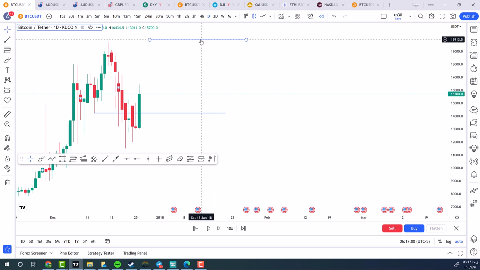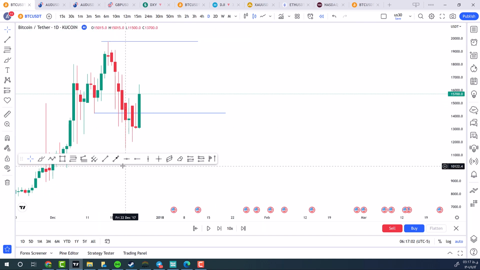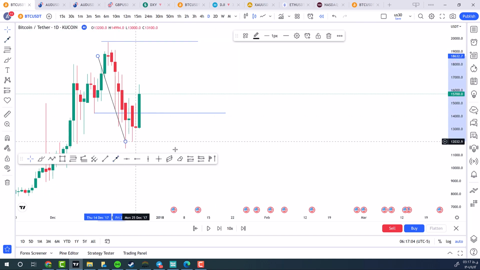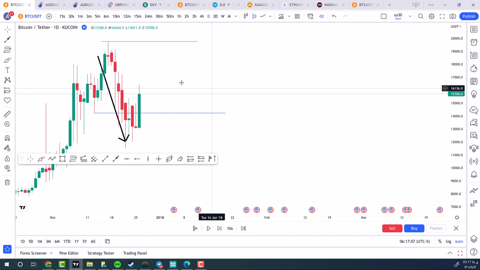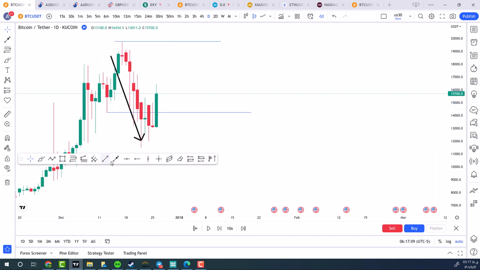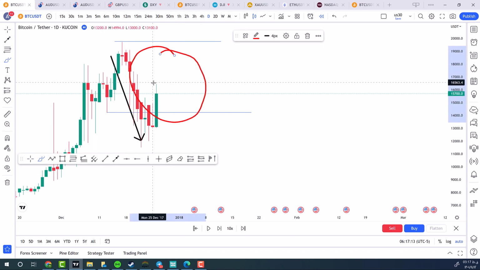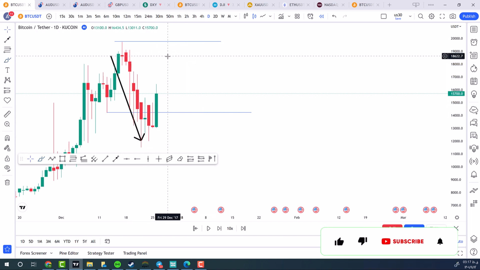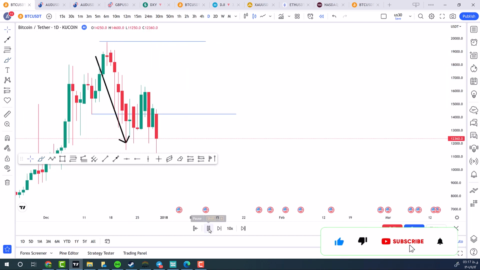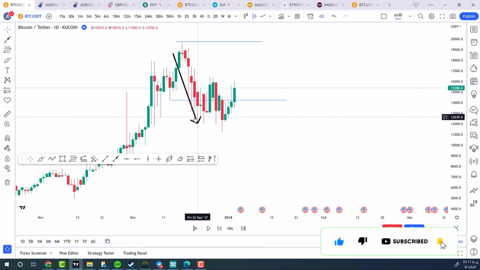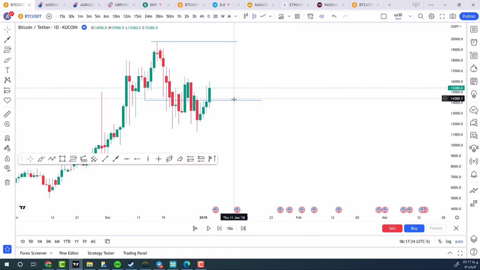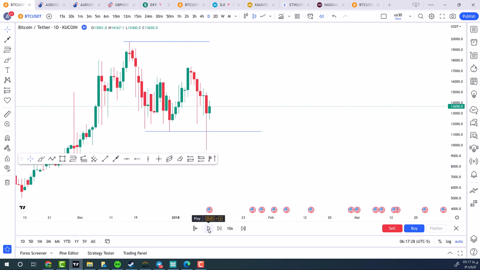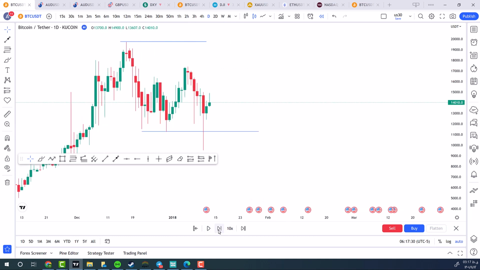Now we have our major leg from this point to this point, so we can enter trades and find our lower high that we are going to cover in the channel in this area and sell the Bitcoin. Then our primary structure is going to be from that high to this low, and you can see that it comes down, breaks the structure.